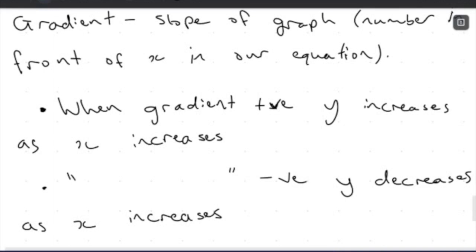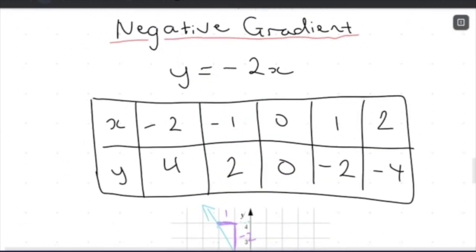We spent a lot of time just investigating the role this number plays. And the first role it plays is that it tells us to what extent y increases with x, whether y increases by 5 for each x increasing by 1, or whether y increases by half for each x increase of 1.